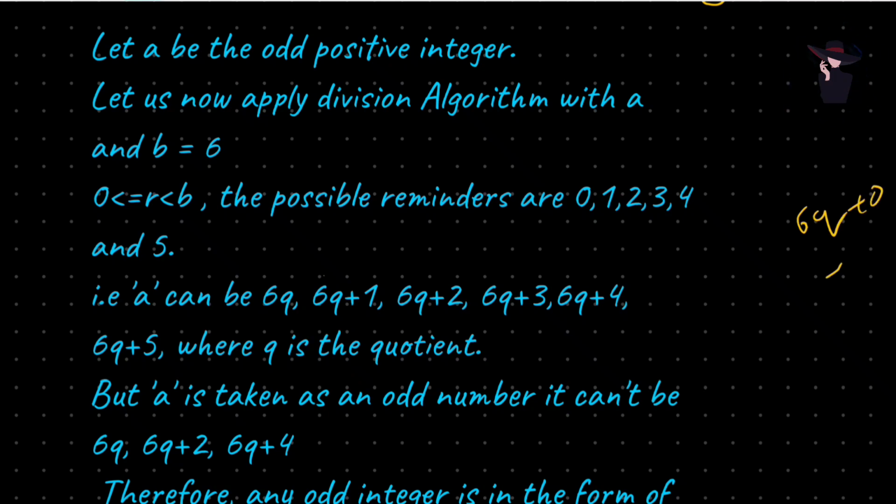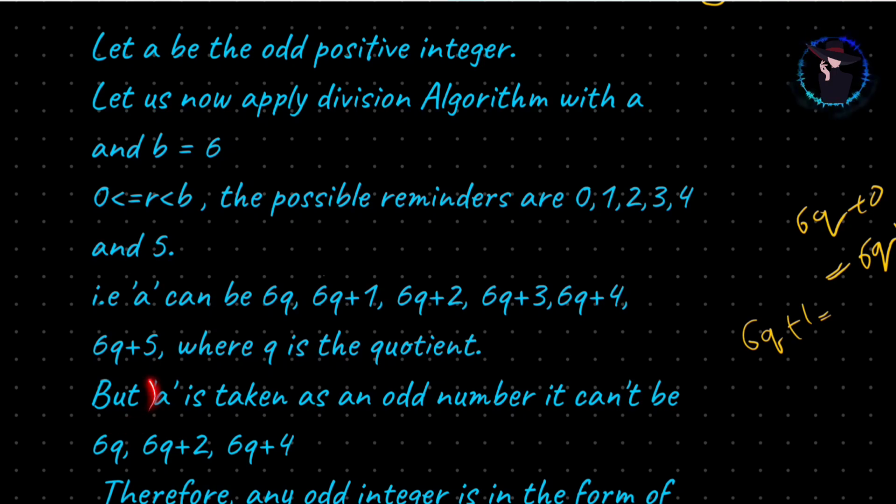I'll just write and show you once. If we take 0, 6q plus 0, then the answer will be 6q, right? Similarly, if we take 1, 6q plus 1, if we take 2, 6q plus 2, if we take 3, 6q plus 3, 4 and 5.